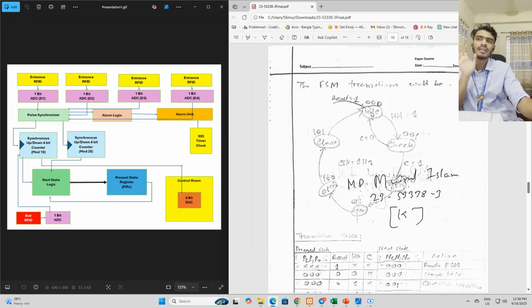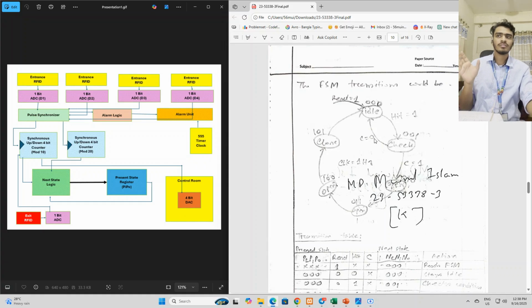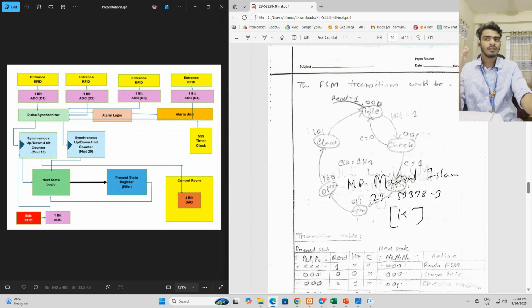If I get any hit from these sensors, I will go to the check state. In the check state, I will check if the check is 0 or not. If that's 0, that means we have an unwanted entrance, so we cannot let the gate open, so it will go to the idle state again.